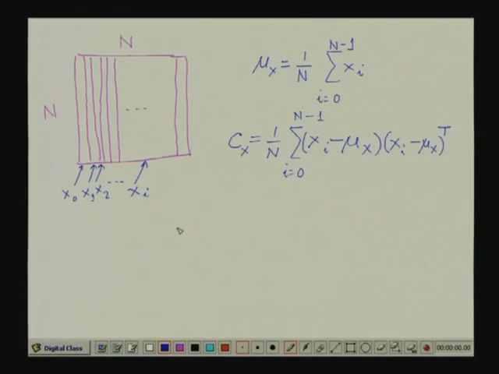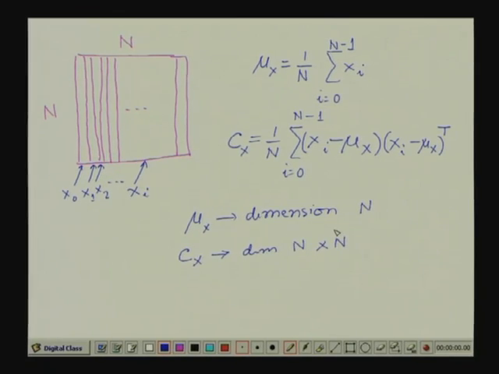And here you find that our mean vector mu x is of dimension capital N, whereas the covariance matrix C x is of dimension capital N by capital N.